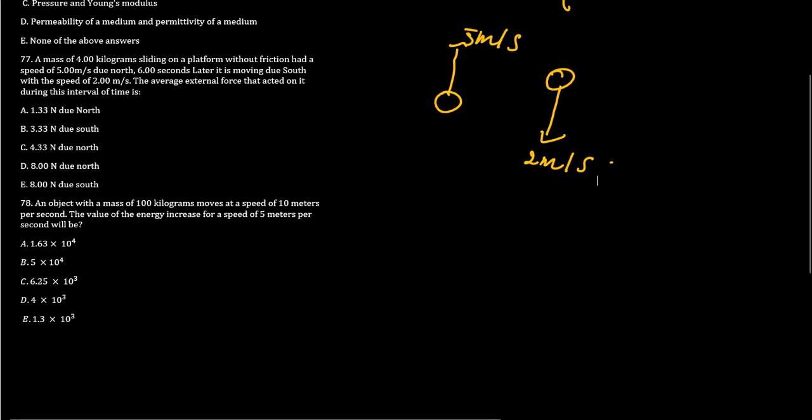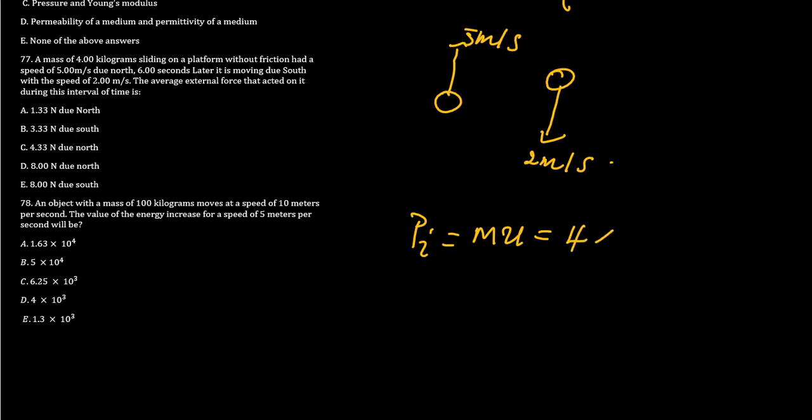Expanding the brackets, P initial will simply be mu, which is going to be the mass, that will be 4 kilograms times the speed, which is 5, and so I will get 20 kilogram meters per second. Next, the final momentum pf due south.